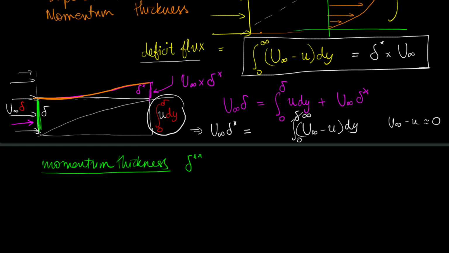What's important is the concept. So it is the loss of momentum in the boundary layer. It is sort of the loss of momentum due to the retardation in the boundary layer in comparison to the momentum that is coming in.